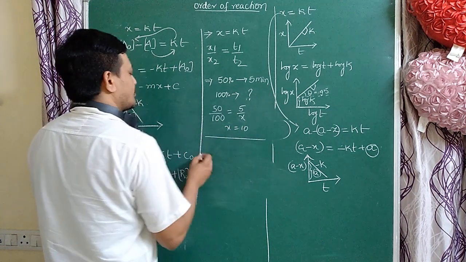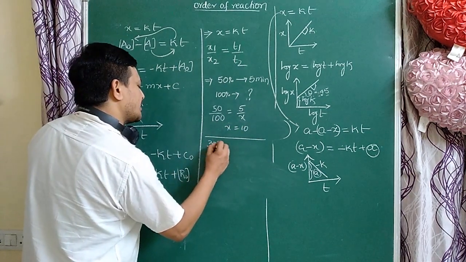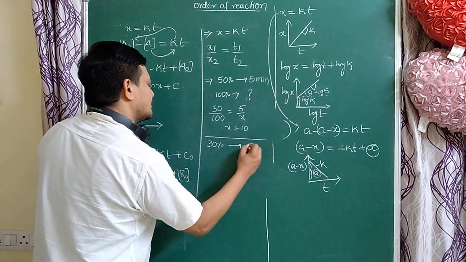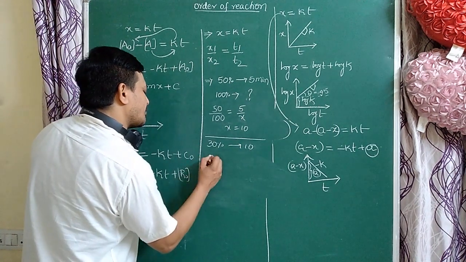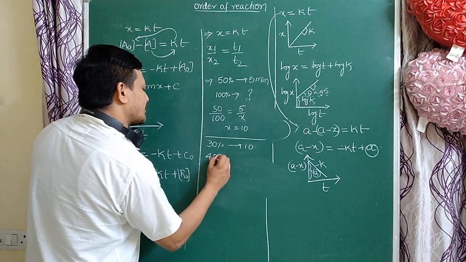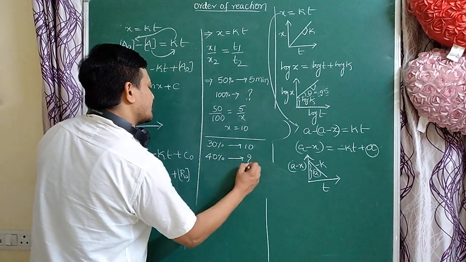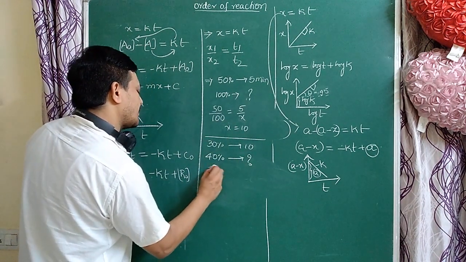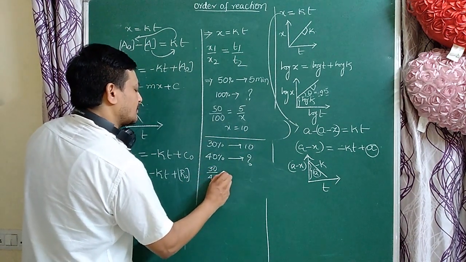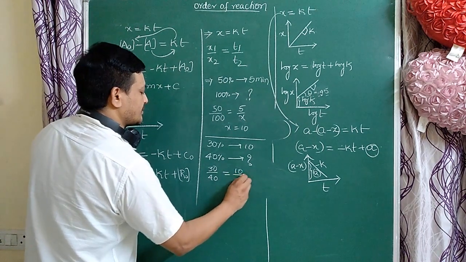So for example, 30% completed in 10 minutes. How much time is required for 40% completion of the reaction? How to calculate? 30 by 40 equal to 10 by x.